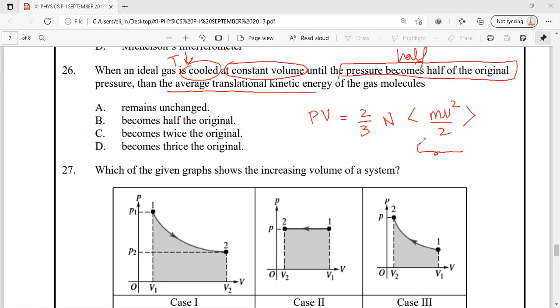This term mv squared upon 2 can be termed as the kinetic energy, or the temperature. So the average translational kinetic energy. As we can see, the gas is cooled, so its temperature will decrease, and pressure and temperature are directly proportional. So pressure becomes half of the original pressure, and the average translational kinetic energy of the gas molecules will also reduce to half of the original. So option B is the right answer for question number 26.